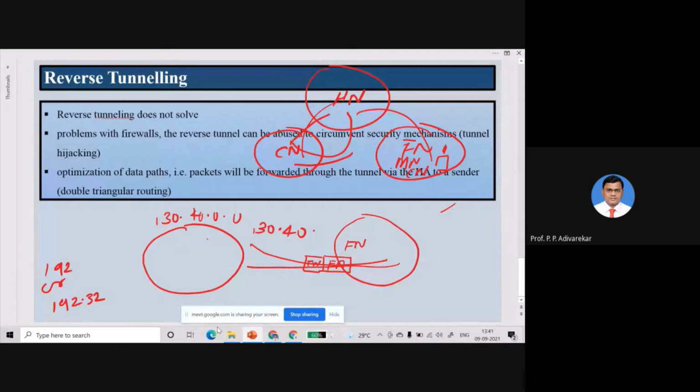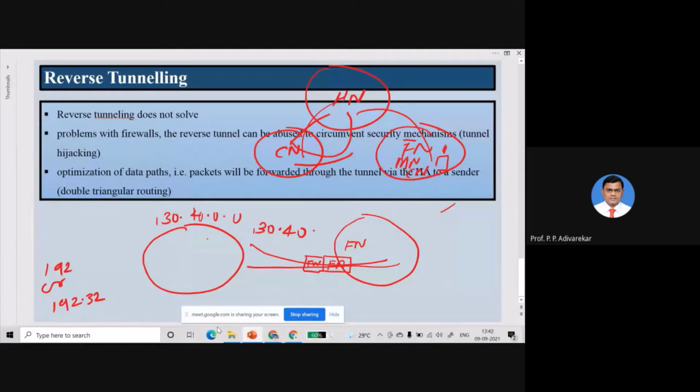So the same triangular routing is created in this direction, and then in the same way it is created in the reverse direction. So this is the triangular route. While sending a packet from CN to MN, the triangular routing problem occurs. While sending a packet from the mobile node to the CN, the triangular routing problem occurs again. So that is the double triangular routing. Reverse tunneling does not solve this particular problem.